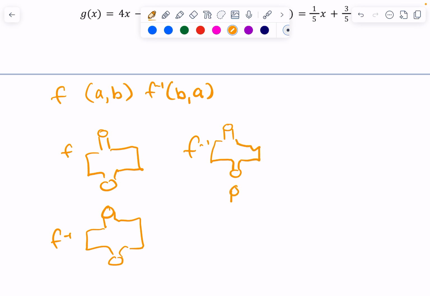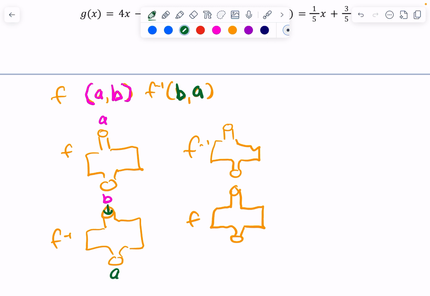First we put the inverse first, then the function. Then we put the inverse second, then the function first. So for the function F, I drop an A in, a B will come out, right? For the inverse function, when B goes in, A comes out.